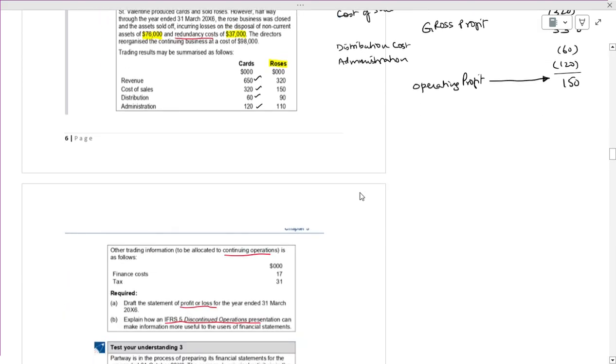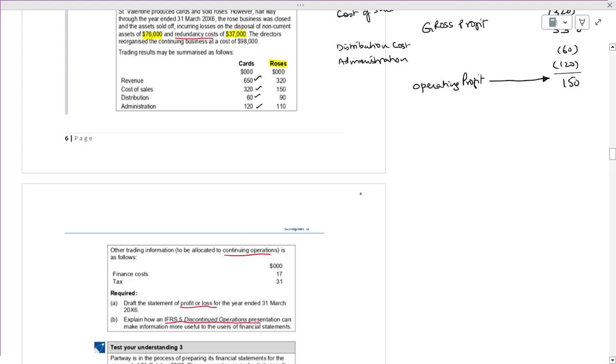Now what they have said is other trading information to be allocated to continuing operations. Finance cost is there. Tax is there. Listen carefully. We have to calculate tax after all the expenses.